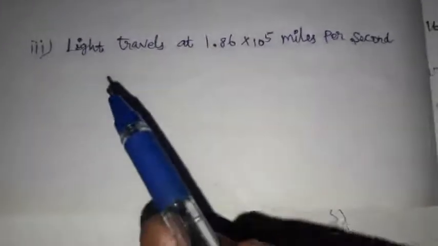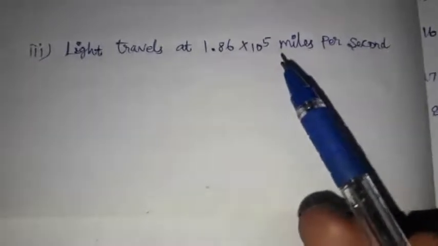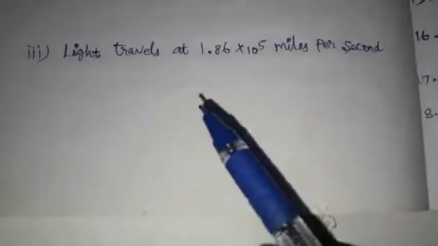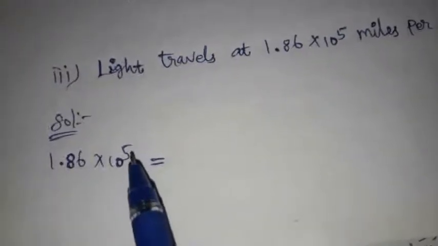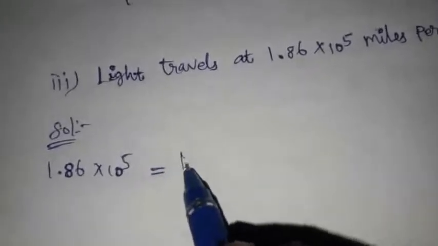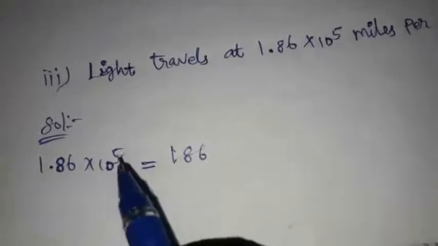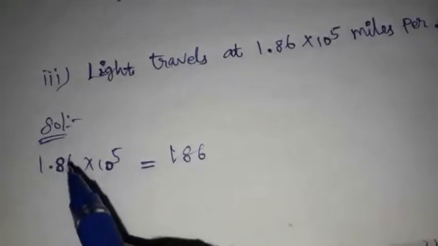Third subdivision. Light travels at 1.86 into 10 to the power 5 miles per second. We are going to write it in standard form. Look at the power. It is a positive integer. So this number can be written as 186. There is a power 5. And look at this number. There are 2 numbers.